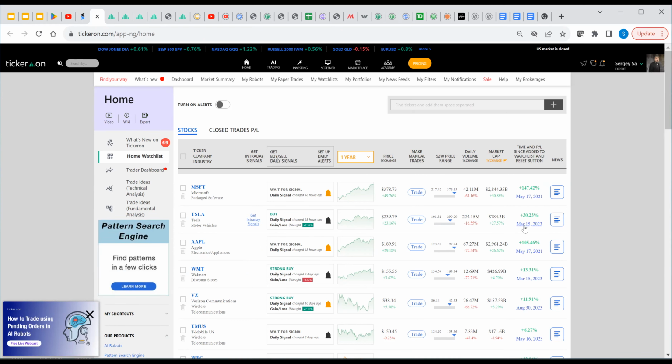Then this was March 15, 2023, Tesla, it went up 30%, okay? This one was also May 17, it was a really good year, and Apple is up about 105% from the same day as Microsoft, okay? What is interesting here, let's say Verizon, 11% since August. Wow, it was September, October, two months and almost 12% up, okay?